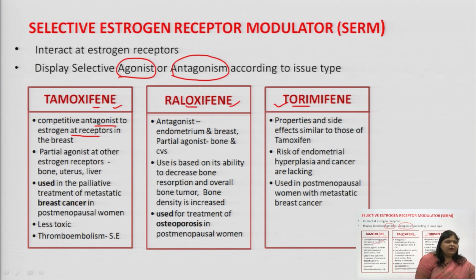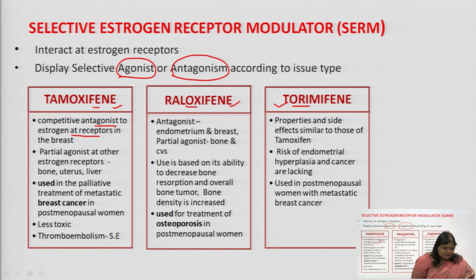So, they are generally used in the treatment of metastatic breast cancers in postmenopausal women, because it is being expressed in the breast. Toxicity is less, but the major side effect is that it can lead to thromboembolism.